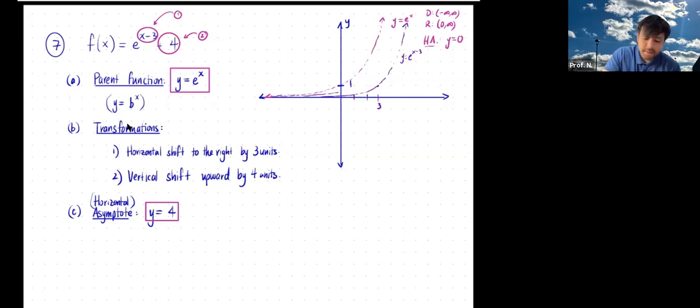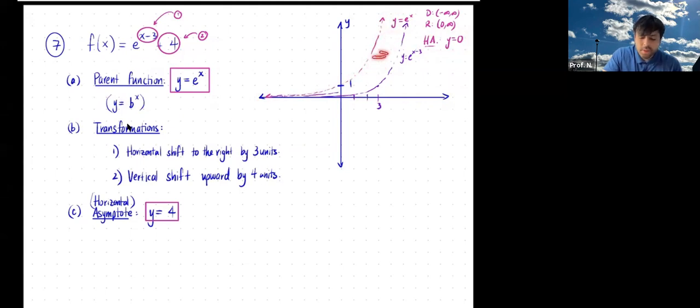And then what happens to this guy? Why is the asymptote 4? I'm going to try to explain it. The reason why it's 4 is because we start with a parent function whose asymptote is y equals 0. That's what we start with. So y equals 0 is the asymptote for this function here. But what do I do to this function? I shift it over by 3 units to the right.